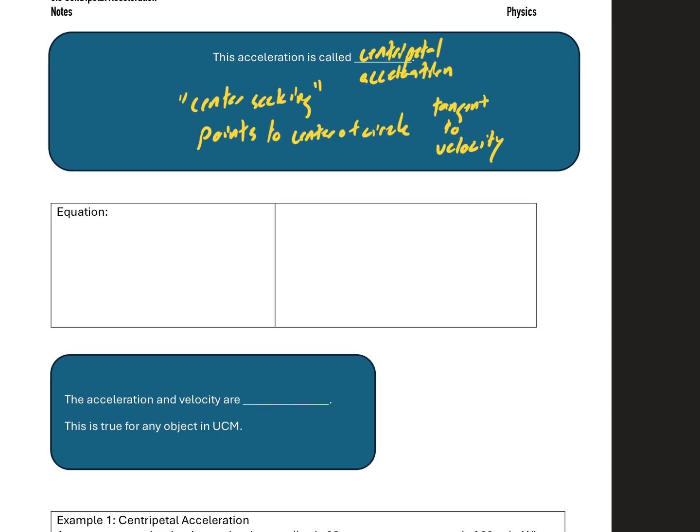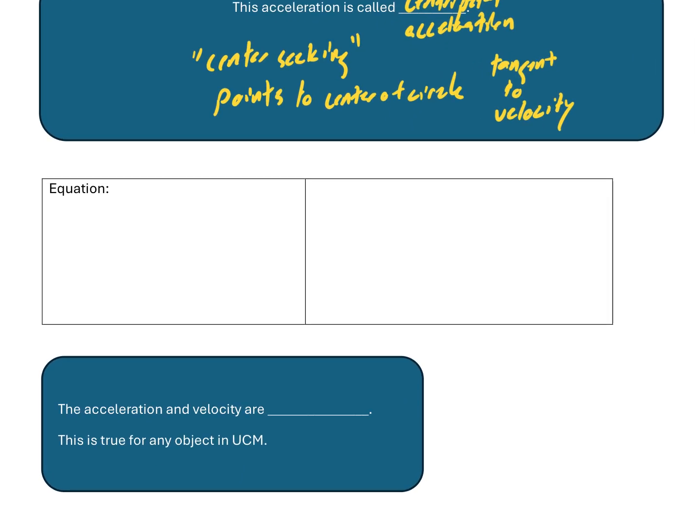So the equation for this is going to be something like this. It'll be a sub c for centripetal acceleration equals v squared over r, where v here is actually the tangential velocity. And r is obviously the radius of the circle.